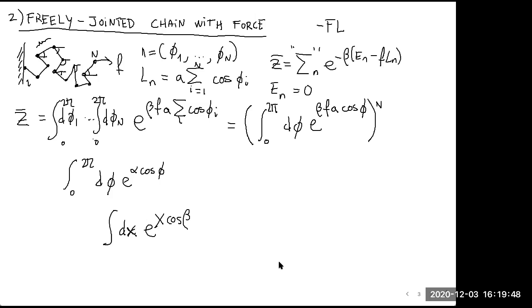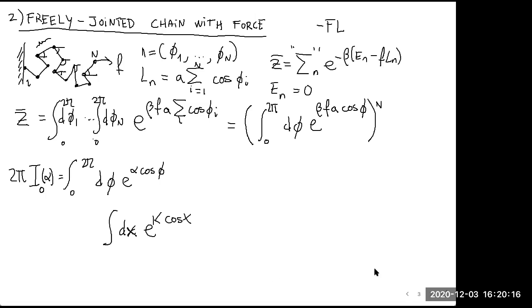Now, the integral has a different shape. It has the shape of e to the k, whatever constant, cos x. It's the exponential of a cosine. This is much more difficult. I can give you the answer. The answer is 2 pi times the modified Bessel function of order 0 evaluated at alpha.